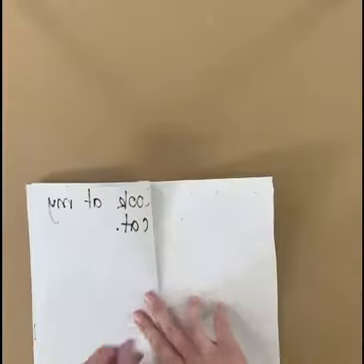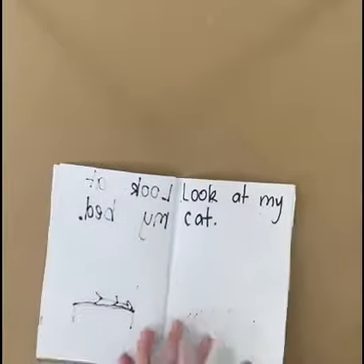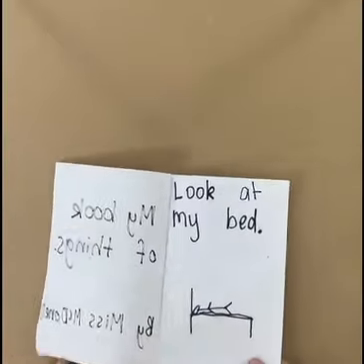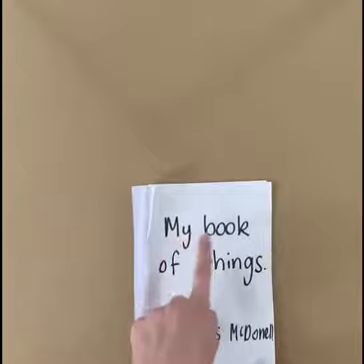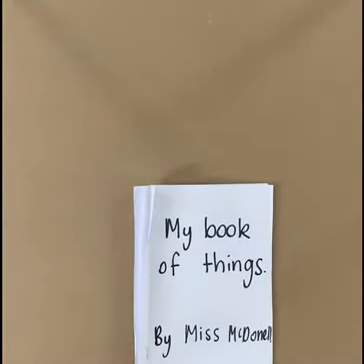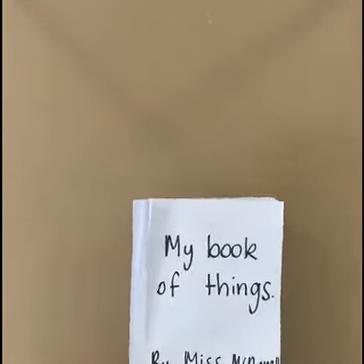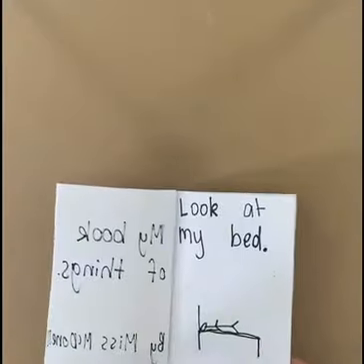After you fill every page with a new sentence showing us different things, because remember, it's my book of things, I want you to read your book to someone in your family.